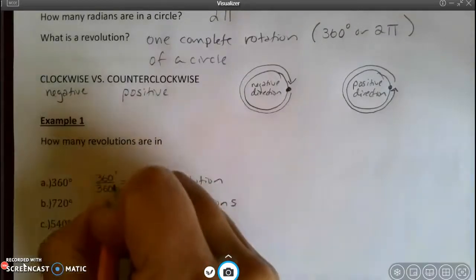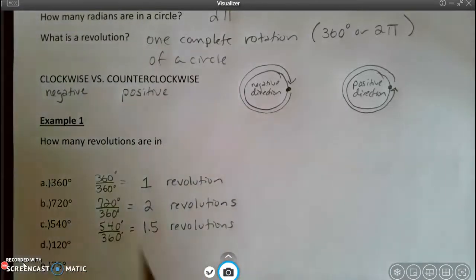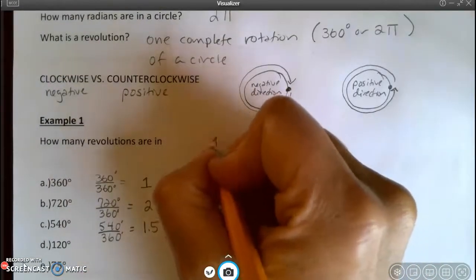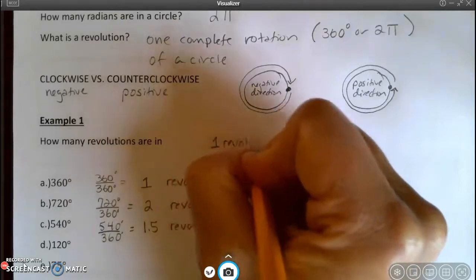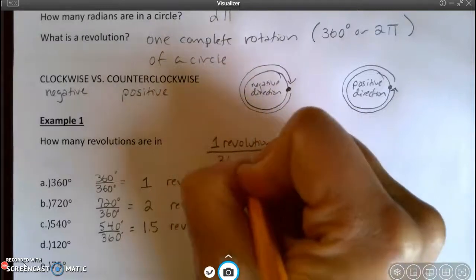Each of these was degrees. And notice I'm always dividing by 360 because there's 360 degrees in 1 complete revolution. Because 1 revolution is 360 degrees.